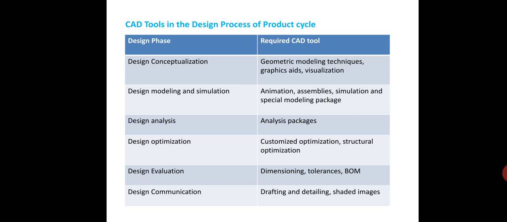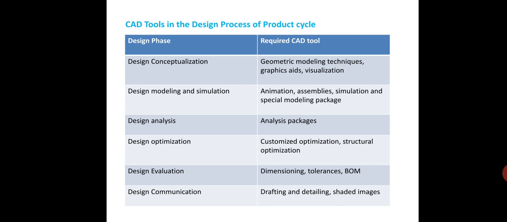Then design optimization: for customizing the optimization or for structural optimization you can also use some advanced techniques. Then design evaluation: you can use CAD tools like dimensioning, tolerancing, and bill of material. These are the tools you require for the design evaluation phase. Then, once you complete the drawing and want to open it in different software, design communication can be done.